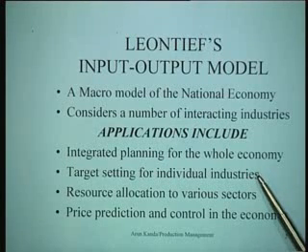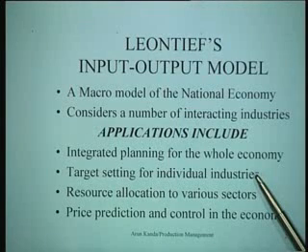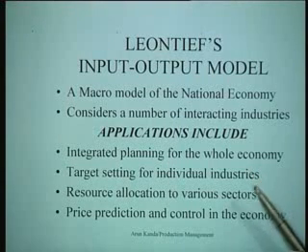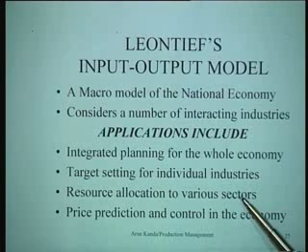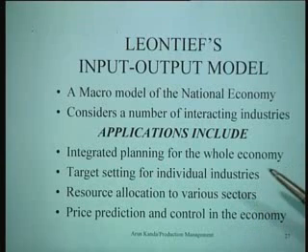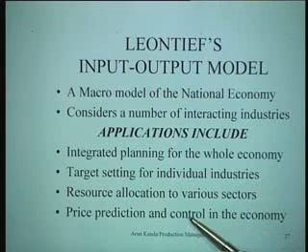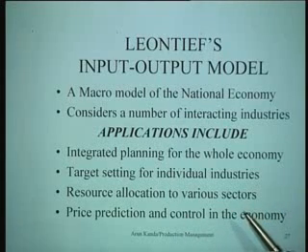The targets would be that the agriculture sector should be given so much, and this is their target production for the next 5 years or whatever it is. Resource allocation to various sectors is also possible through this kind of situation, and price prediction and control in the economy is also possible.